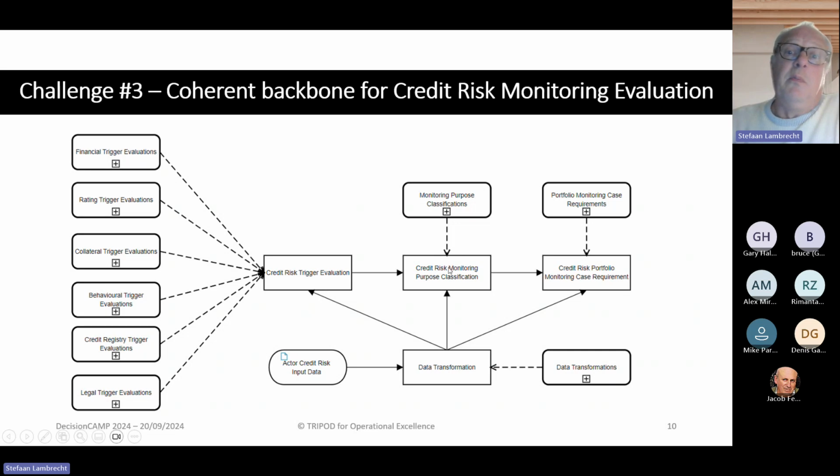Once we find one or more monitoring purposes that need to be pursued, then we create cases, and that triggers off the processes that need to handle these cases. And also here we have underlying logic, which also resides in underlying DMN models, such as we have here and here.